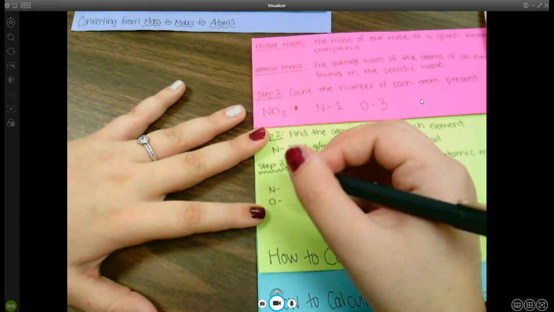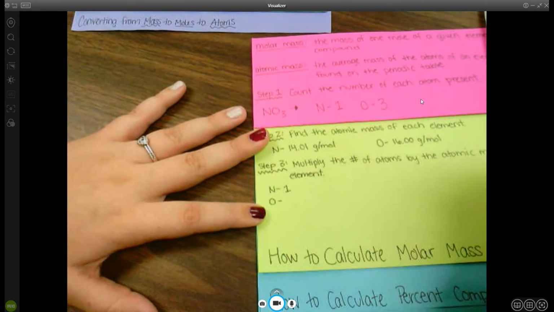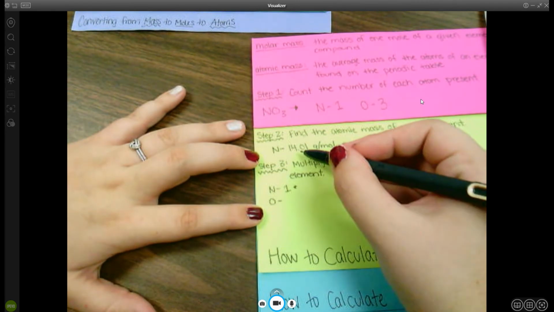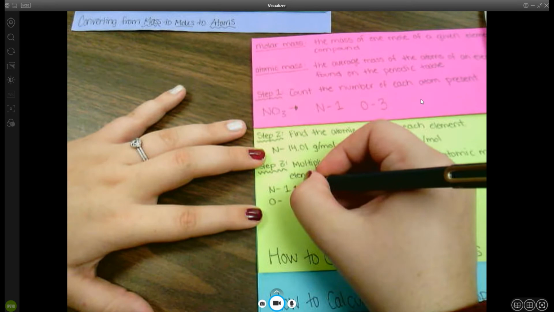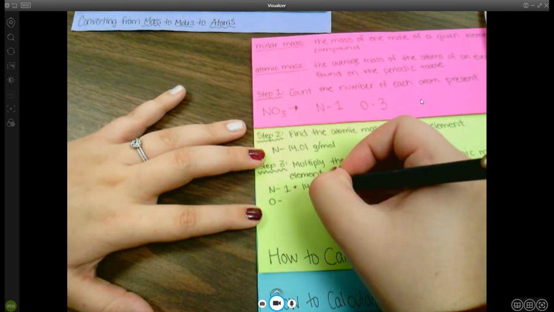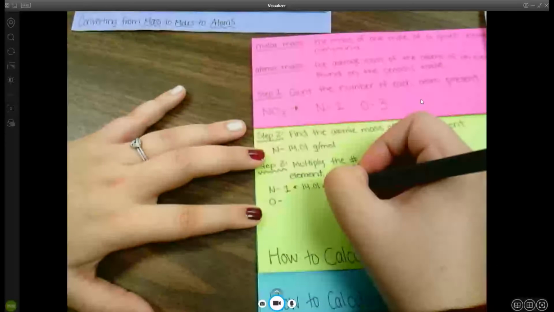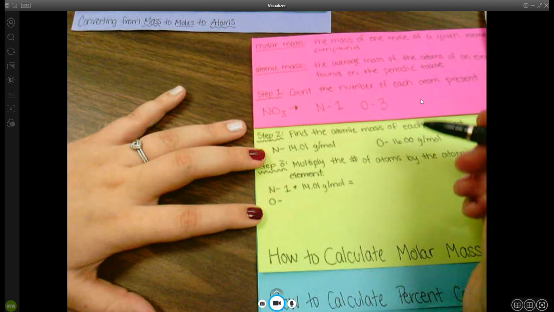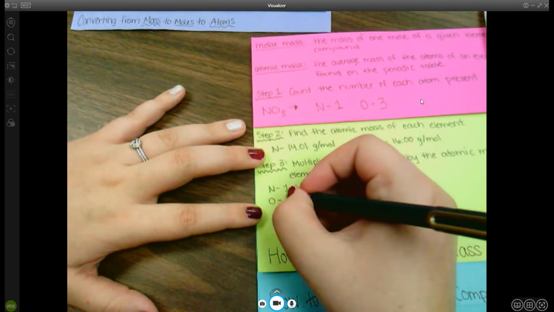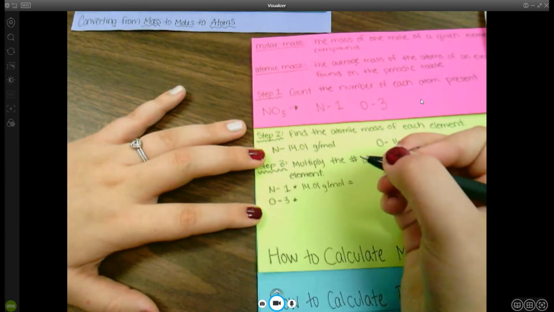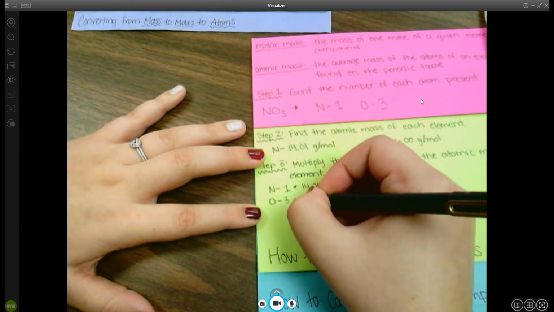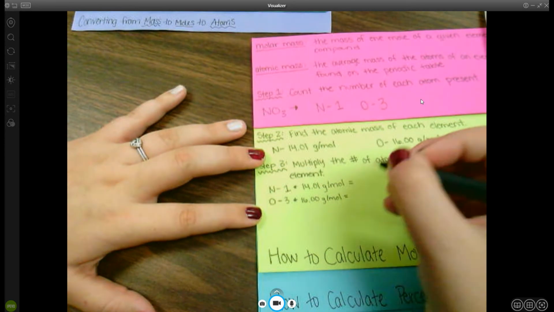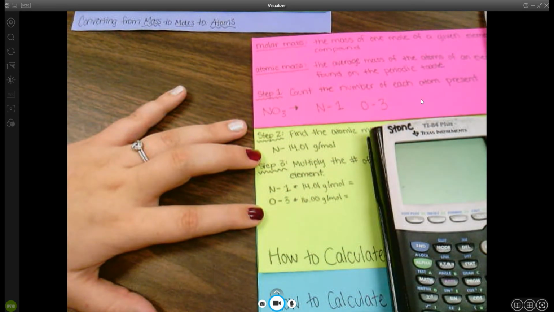So we have one nitrogen atom, and we're going to multiply it by the atomic mass, which is 14.01 grams per mole. And that equals, we don't know that yet. I'm going to do the same thing for my oxygen. I have 3 oxygen atoms, and I'm going to multiply those by 16.00 grams per mole. Okay, this is where my calculator comes in.